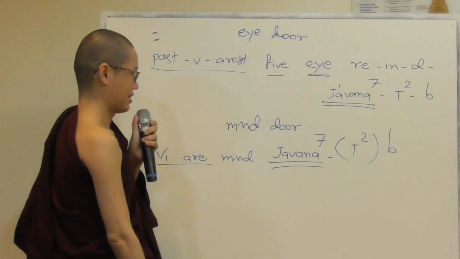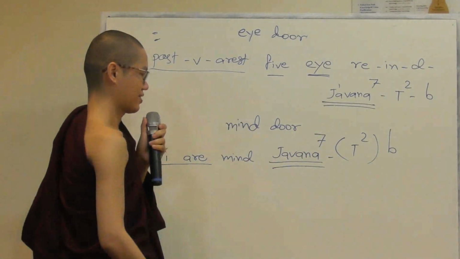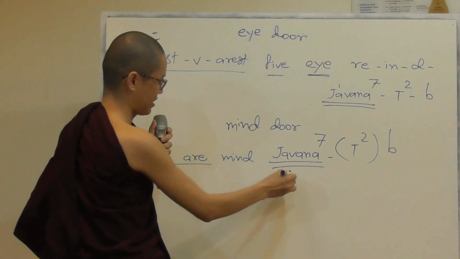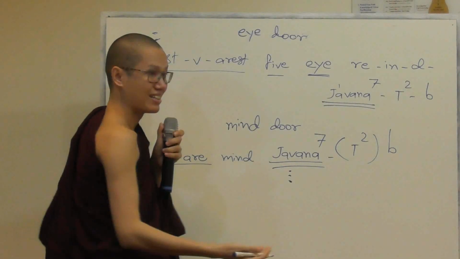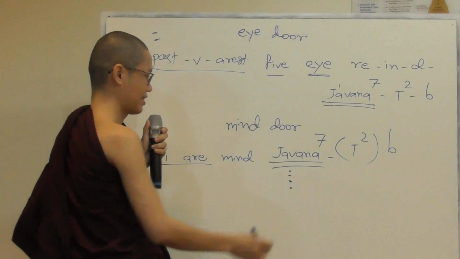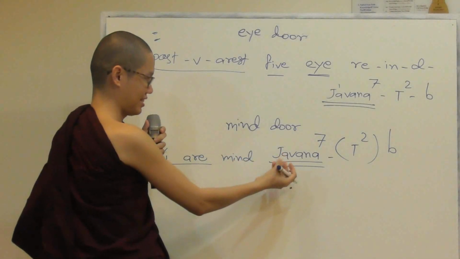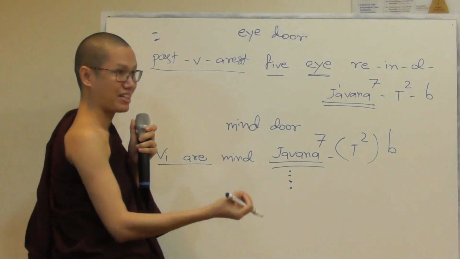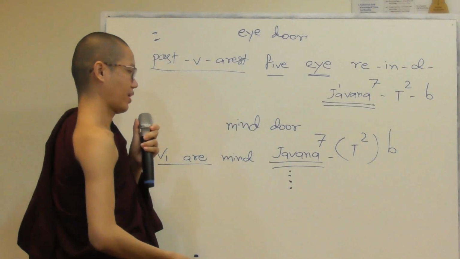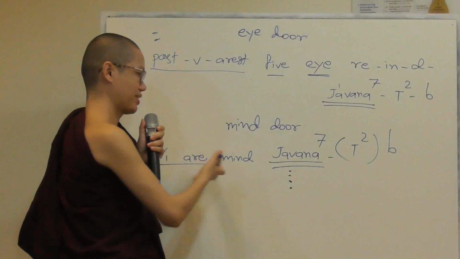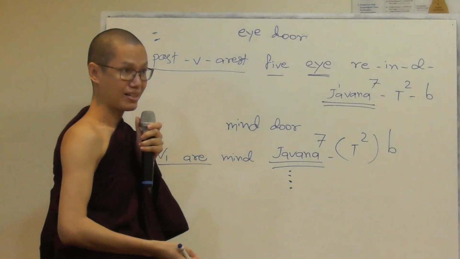Seven times. So one is consciousness, phassa contact, vedana feeling, sanna perception, and many factors as in jhana; the function arises. So it is a vipassana process.